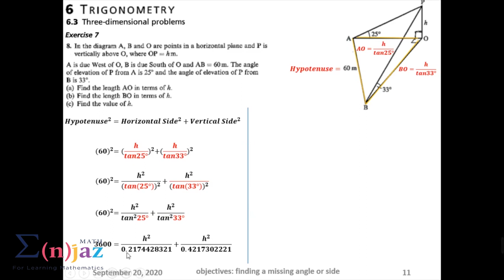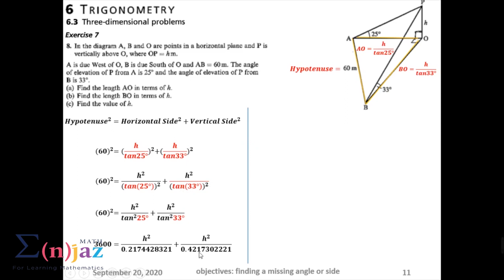You're going to end up with 0.217. And if you insert the squared button, and you put brackets, inside the bracket put tan of 33, then put the equal, you will find the tan of 33 to the power of 2, which means tan of 33 times tan of 33. It's going to be 0.422.